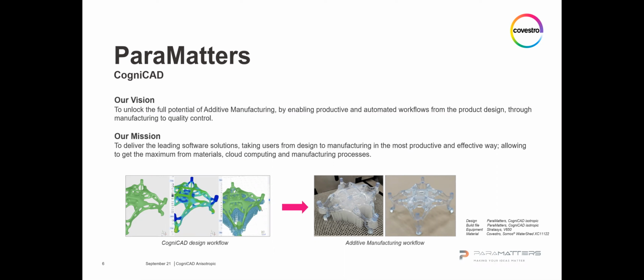So we developed very automated and effective tools for design workflow, taking users in most productive way, shortening design cycle in the field of design for manufacturing, supporting variety of materials, and as well as additive manufacturing processing of how we take design for the next step to the manufacturing, all in most automated way, leveraging cloud computing. And we were very excited to join this fruitful collaboration with Covestro to develop tools which we are happy to talk more about in this webinar. Looking forward for it.